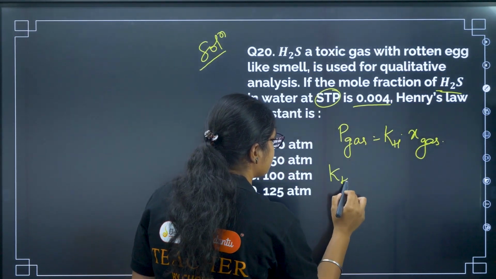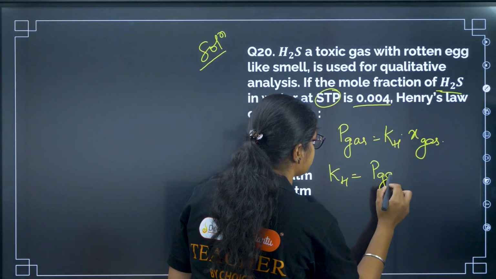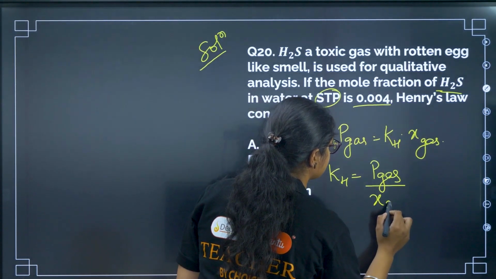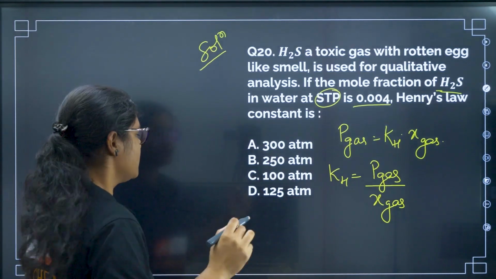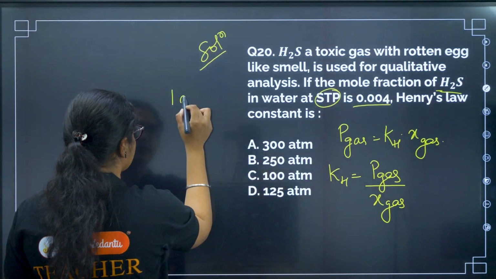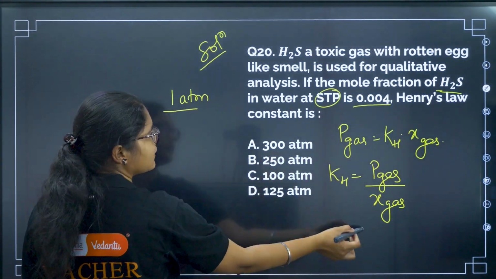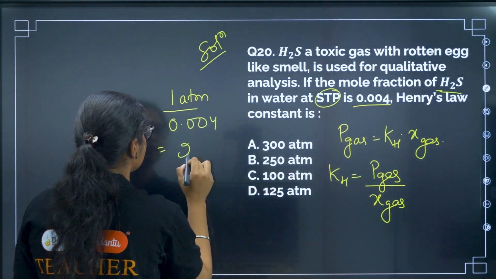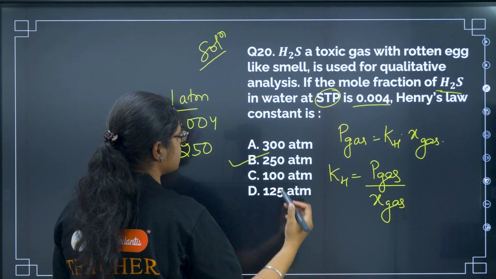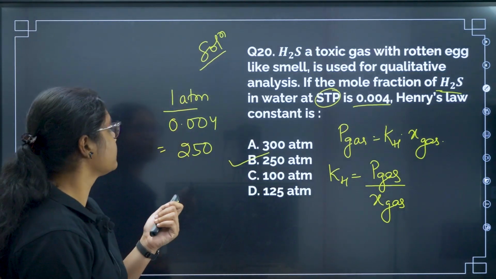Now we have to calculate KH, that is P of the gas divided by mole fraction of the gas. Standard pressure means 1 atm. So 1 atm by the mole fraction, that is 0.004. So we will get 250, right? So the correct answer for this question is option B.